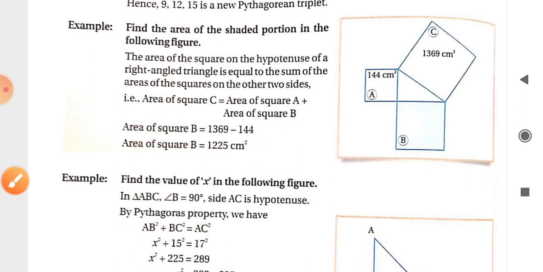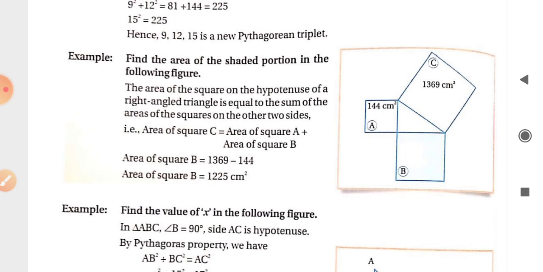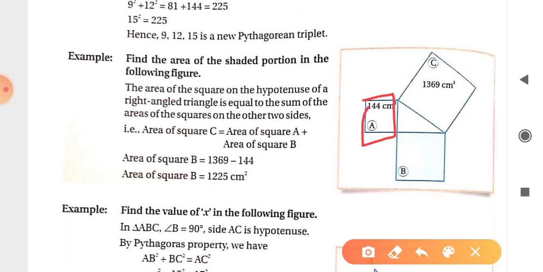These are squares: square A, square B and square C, and these squares are formed on the sides of a right angled triangle. The squares are formed on each side of the right angled triangle, and we have to find the area of square B, and we are given the area of square A and the area of square C.